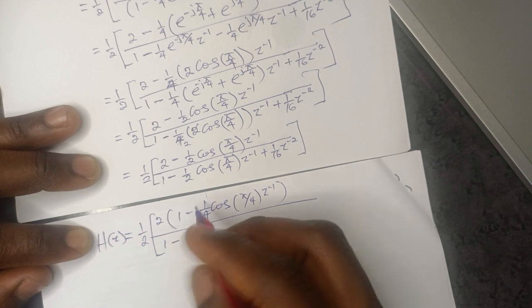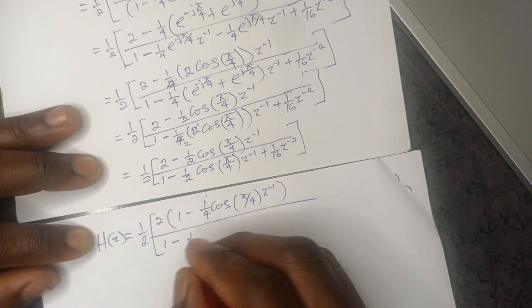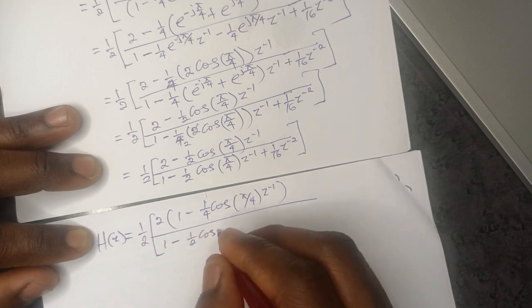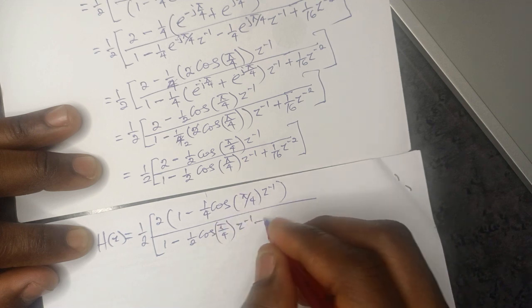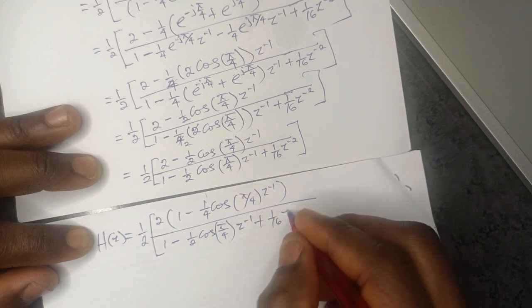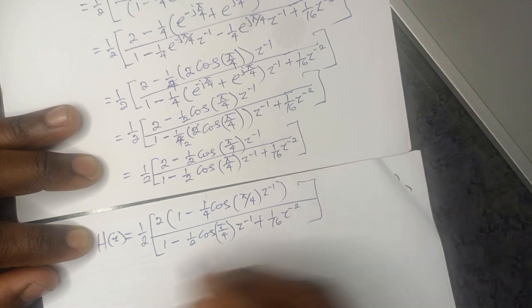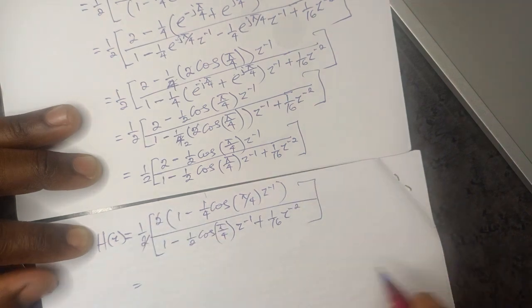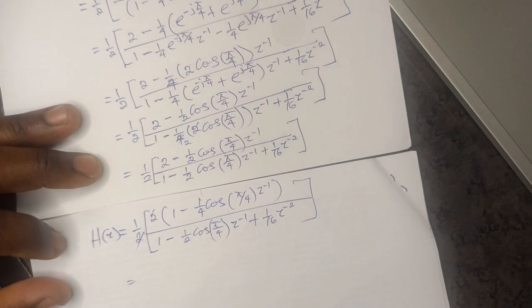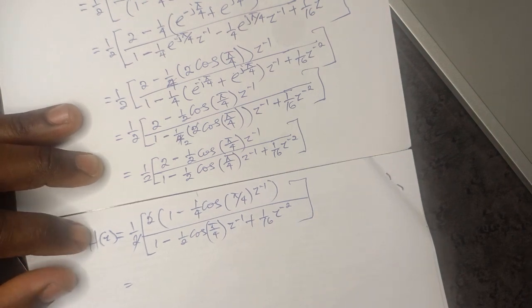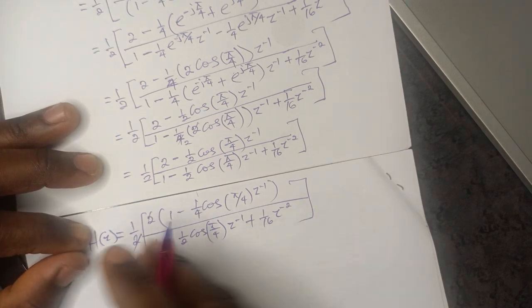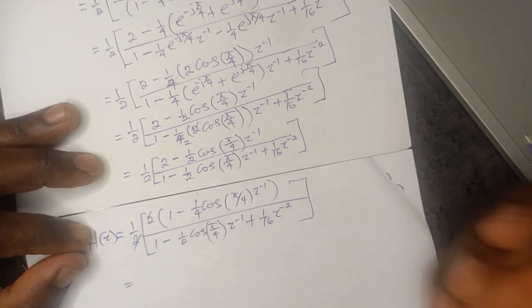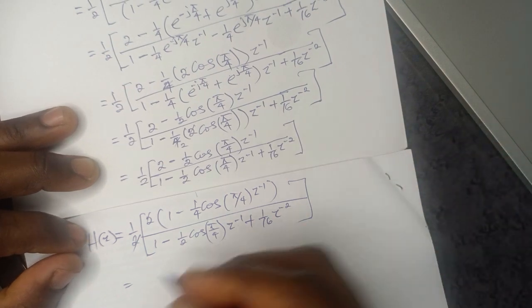Then 1 minus half cos pi all over 4 0 is to the power minus 1 plus 1 over 16 0 is to the power minus 2. These 2 will cancel these 2, and cos pi all over 4 is 1 all over root 2. We should know that cos pi over 4 is 1 over root 2, or root 2 over 2.